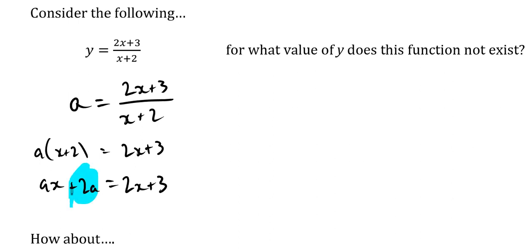So this part here will always be some constant, because a is just a number. But a will be the coefficient of that term. So what coefficient of that x term do I want such that this entire linear equation doesn't make sense, doesn't work? So what do you think?